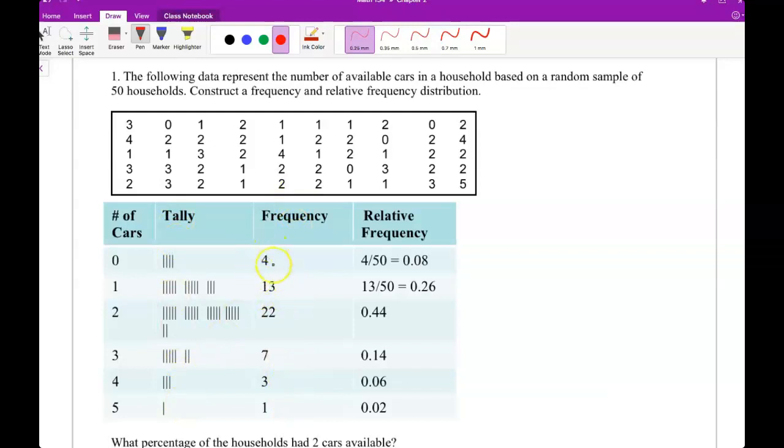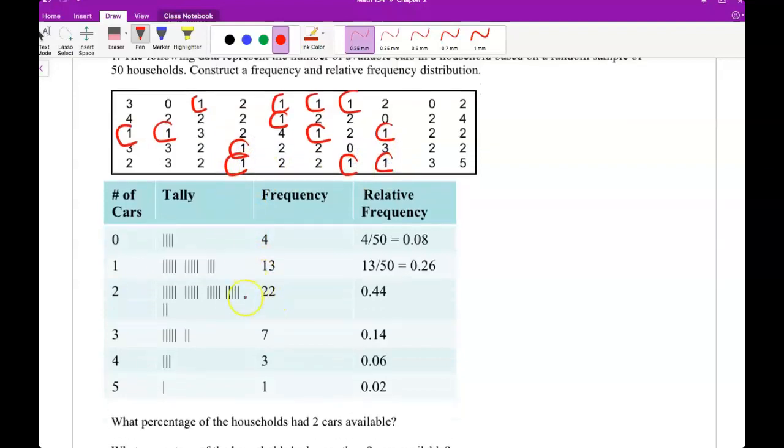So how many times we have that 0 in this table is 4 times. The next one, number of cars is 1. 1, 2, 3, 4, 5, 6, 7, 9. And so in total we have 13.